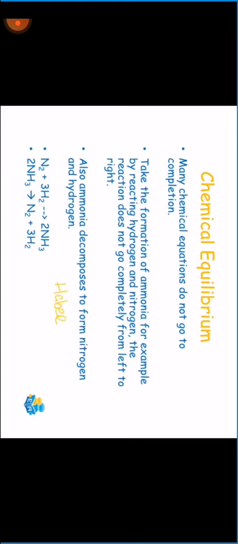The main thing that we can see here is that the reaction can go in both ways. The nitrogen and hydrogen can form ammonia, but the ammonia can also decompose to form the nitrogen and the hydrogen. So there is both a forward and backward reaction, which means we can call this a reversible reaction.